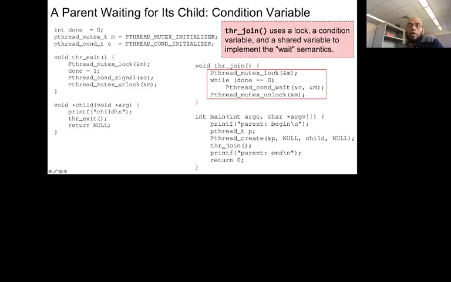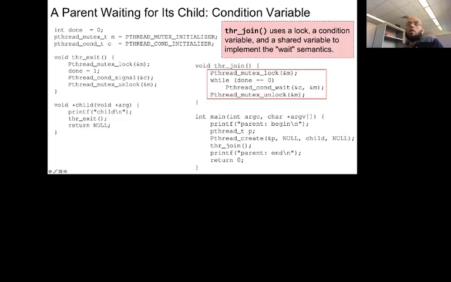Now thread exit acquires the lock, makes sure that no other thread has this lock, sets done to 1, and then signals to the condition C that whatever is waiting on condition C can now wake up, because I am done with whatever I was doing, and then it unlocks M.